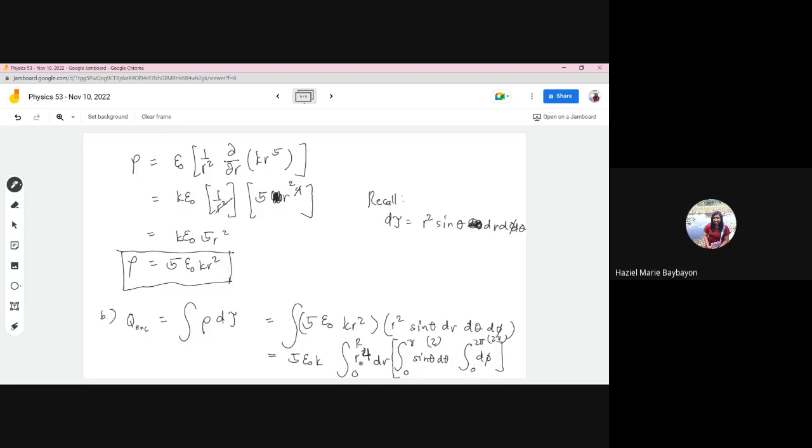Okay. So you have r to the fourth dr. So the integral of this is 1 over 5 or 1 over 4, class?